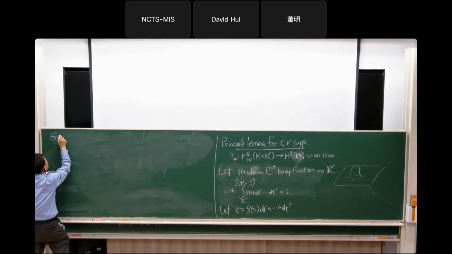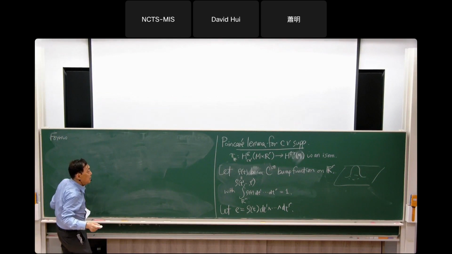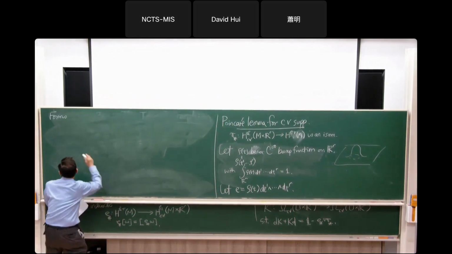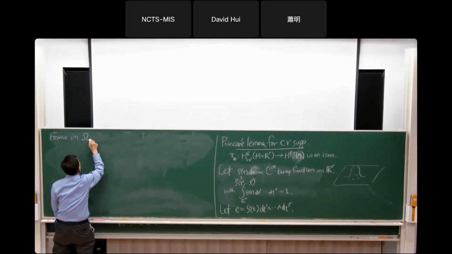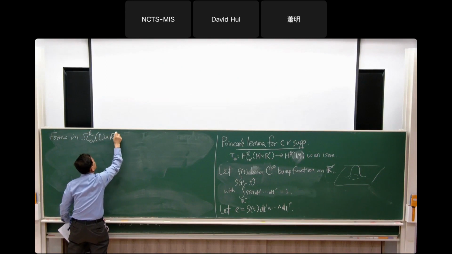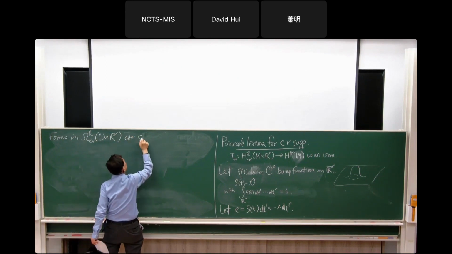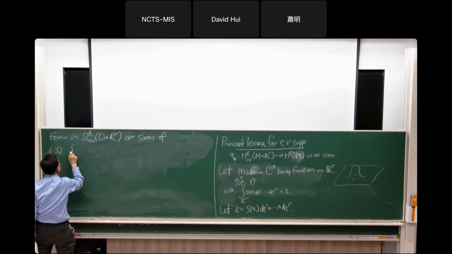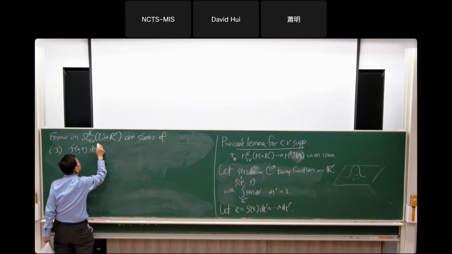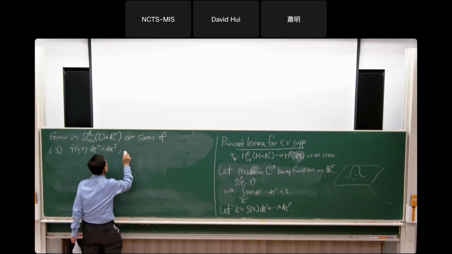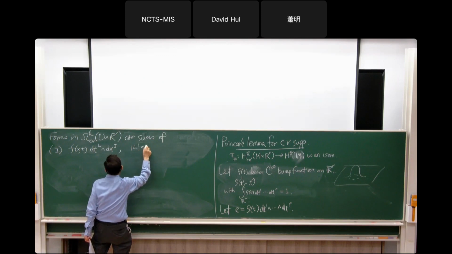So forms in omega_k^CV of U cross R^r are sums of type 1 forms, which would be f of x,t dt_L wedge dx_J, where the cardinality of L is less than r.